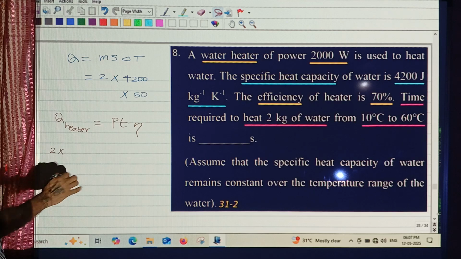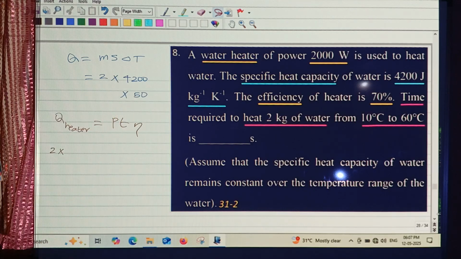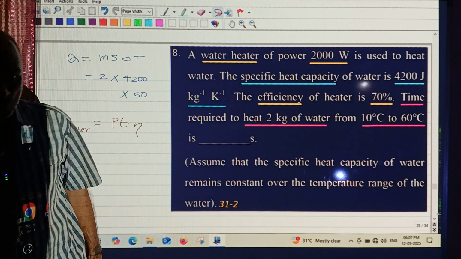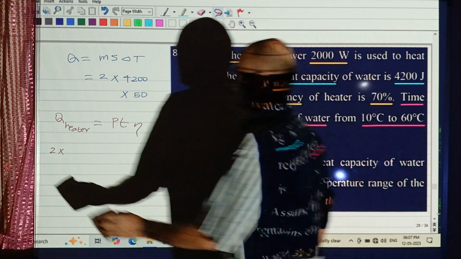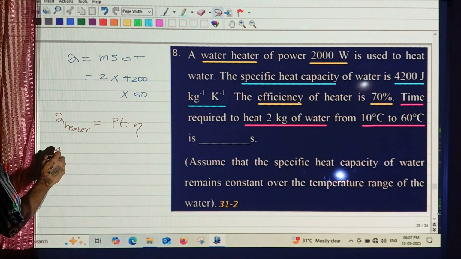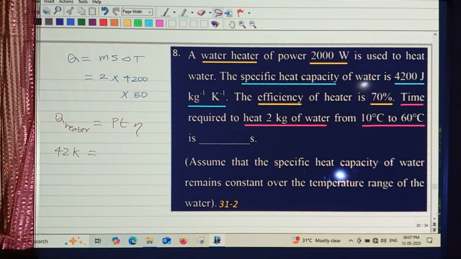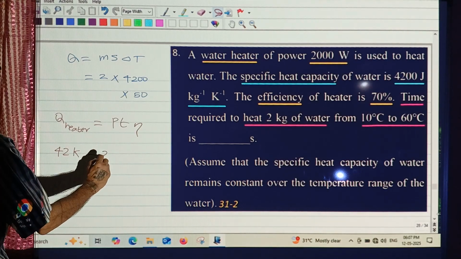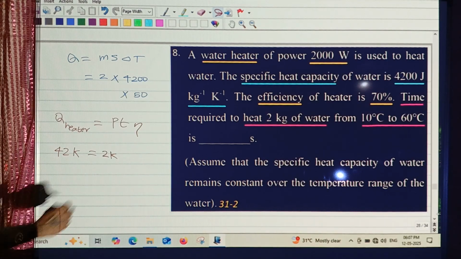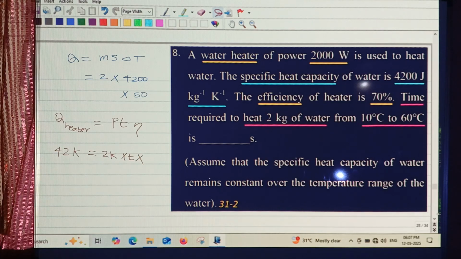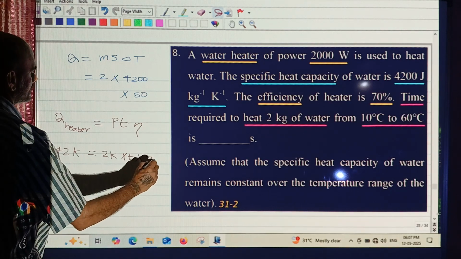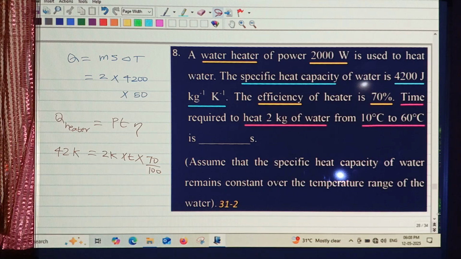If we equate these two, 2 into 2 into 50 is 100, so this will become 42,000. I can write 42,000 as 42K, where K is 1000. Power is 2000 watts, that is 2K. And we have to find the time the heater is required to be on for heating this water. The efficiency factor is 70%, which is 70 by 100, or 0.7. So this is a simple calculation.